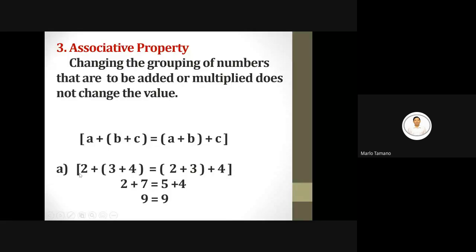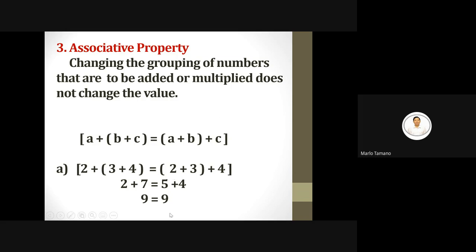Okay? So 2 plus, open and close parenthesis, we have 3 plus 4 and that is 7. So 2 plus 7. The right side, 2 and 3 are grouped. So 2 plus 3 is 5, plus 4 is 9. So they are equal. Remember class, they are grouped as one.